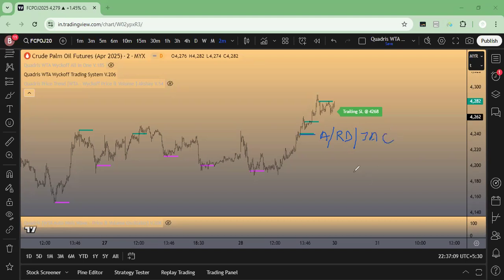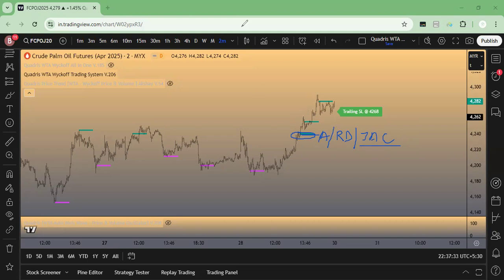I'll repeat again: if there is a green line, it would be an accumulation, or a redistribution taking place at the top, and after that redistribution this particular line or price level can be considered as a jump across the creek.